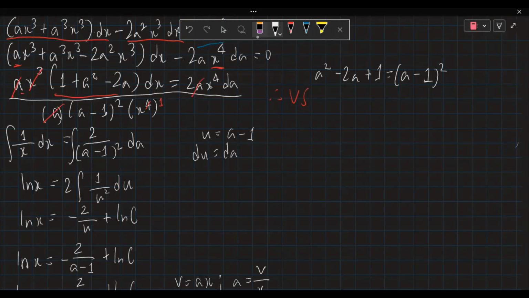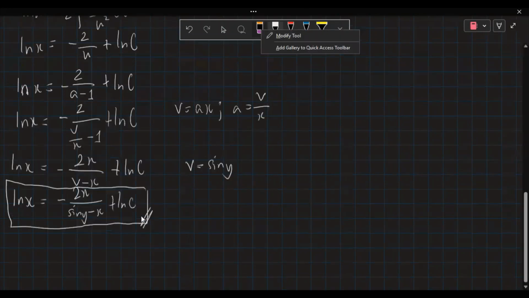And it becomes ln x equals minus 2 over u plus ln(c). So always remember our constant. The constant of integration will become ln if our integration becomes a natural logarithm, right? So always remember that.